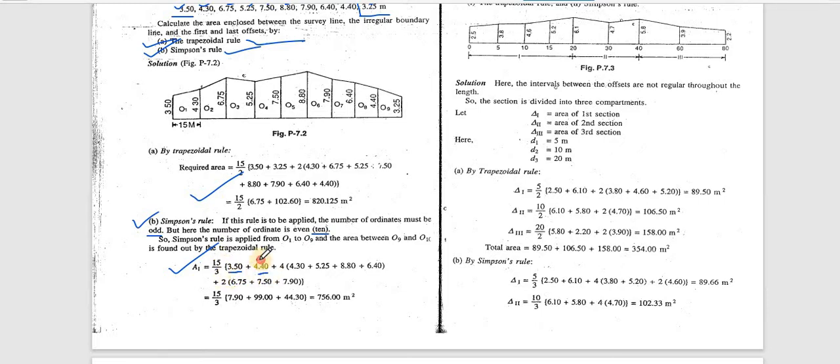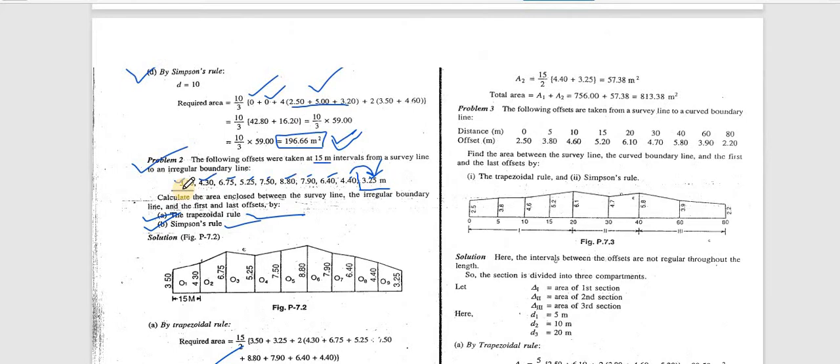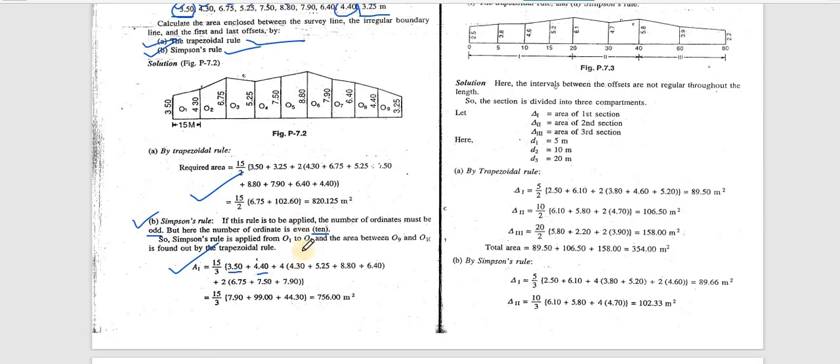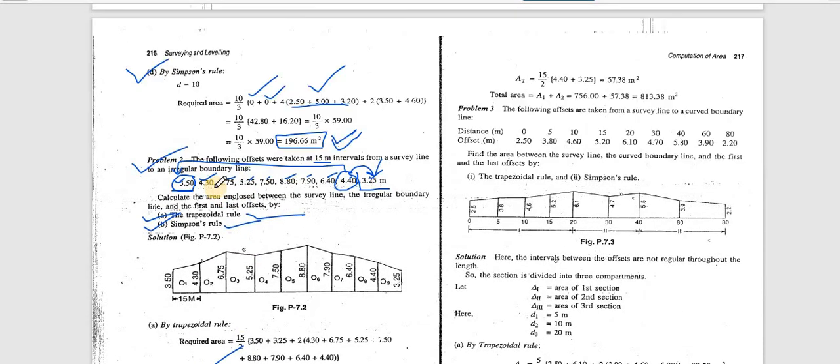First ordinate and last ordinate: the first ordinate is 3.50 and the last ordinate is 4.40, because we are applying it between 1 and 9 only. After that, 4 times the sum of even ordinates and 2 times the sum of odd ordinates. So this is even, this is even, this is even, and this is even.